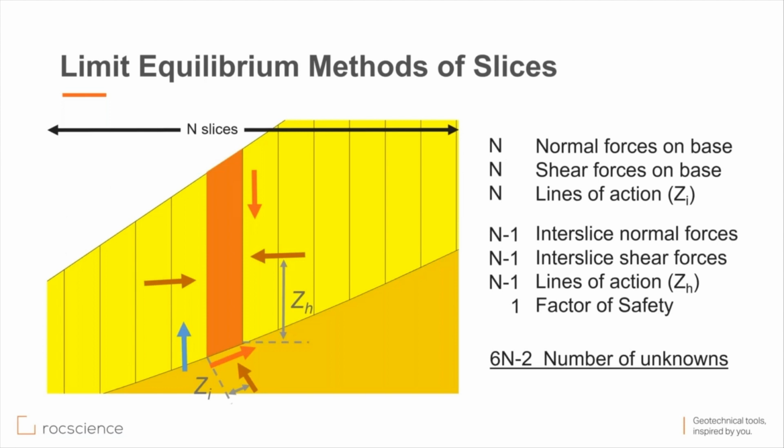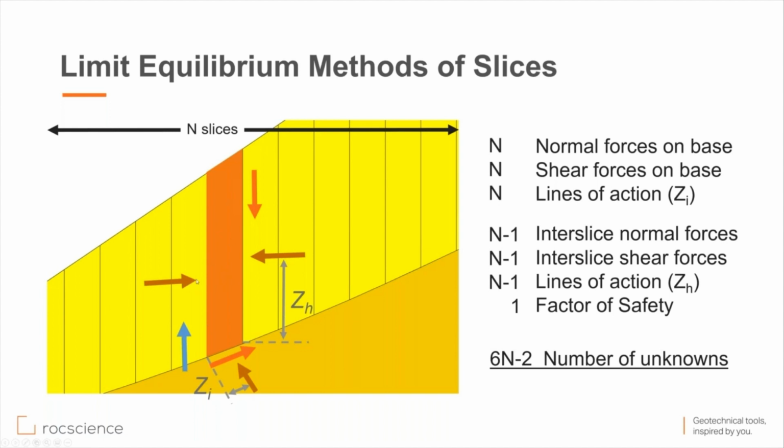So let's look at the method of slices. There is a failure volume which we have divided into these vertical slices. So the picture you are seeing is for the vertical slice methods. There are a few techniques that can consider non-vertical slices. Well, most of the techniques we talk about today will consider vertical slices.